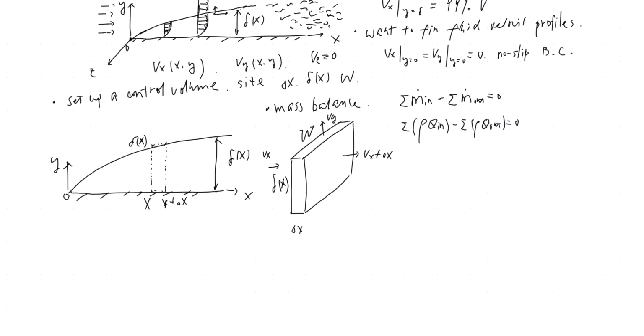The mass flow rate going through the left-hand side surface, at x, is given by this. Let me write down this left surface.